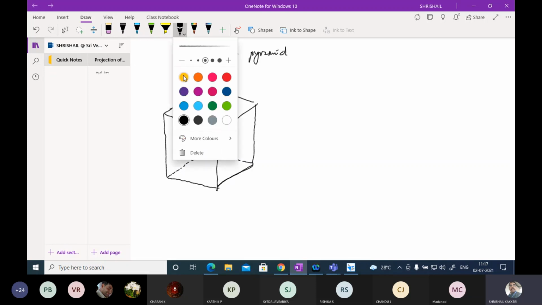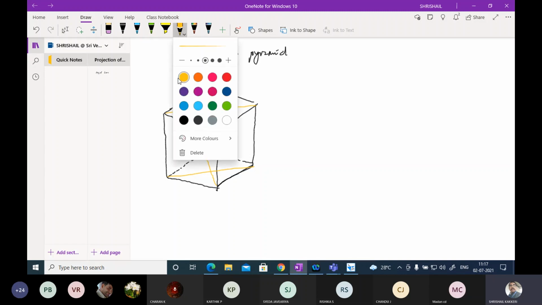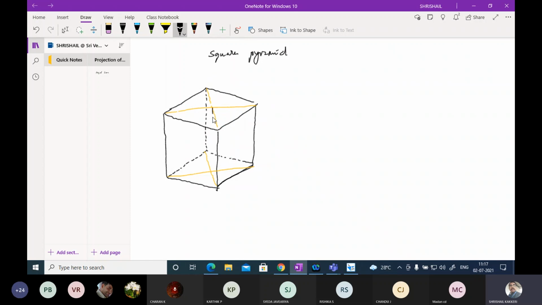Now let me use a thin line and find out where the axis point is. The axis point will be coming here and also here. And now let me draw the axis line from here. Now naming it, how easy it is, I will show you how to name it.